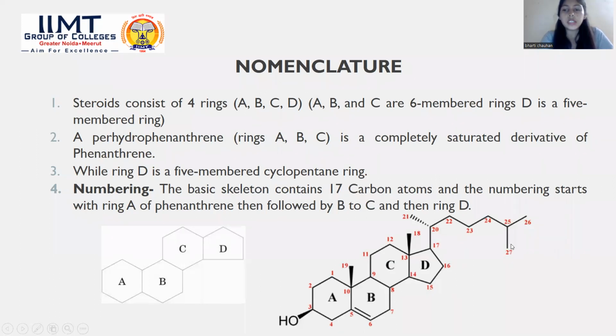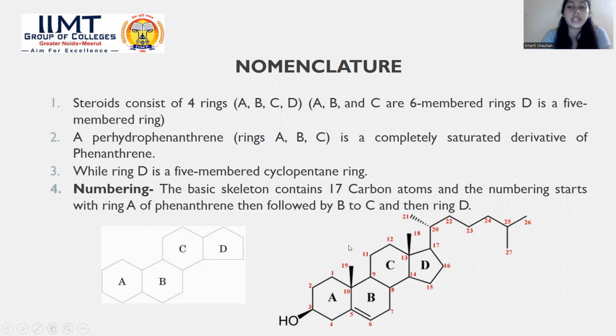Now, let's focus on this structure. It is an example of a steroid, which is cholesterol, containing 27 carbons in its structure. Now, you can see the numbering that I have already shown you, which is 1, 2, 3, 4, 5, 6, 7, 8, 9, 10, 11, 12, 13, 14, 15, 16, 17.